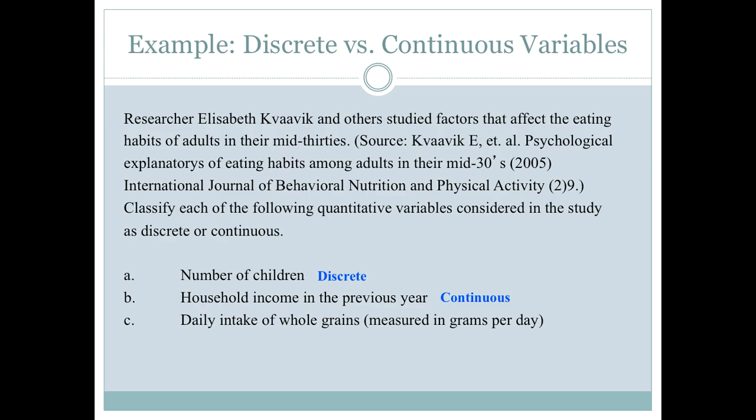Okay, so maybe you make $60,432.05. So it's not just whole numbers. And then the same thing for daily intake of whole grains measured in grams per day. So you could definitely eat half a gram of whole grains or a third of a gram and so on. So that's going to be continuous as well.